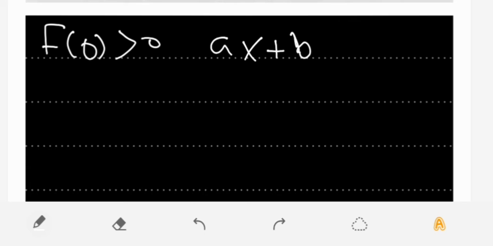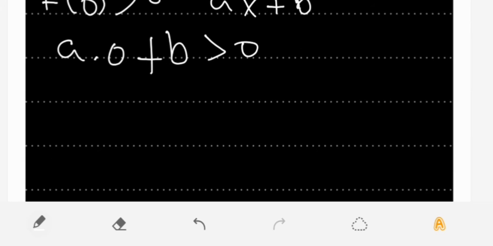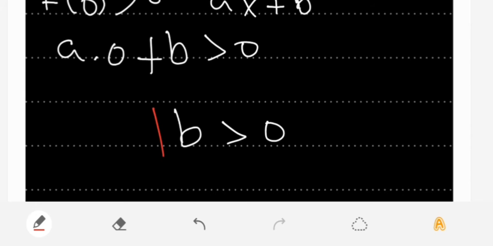So a multiplied by 0 plus b must be equal to 0. a multiplied by 0 is 0, so our first condition is that b must be 0. Let's put it in a box because we are going to use this later.